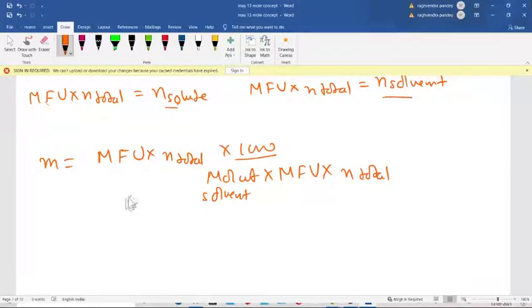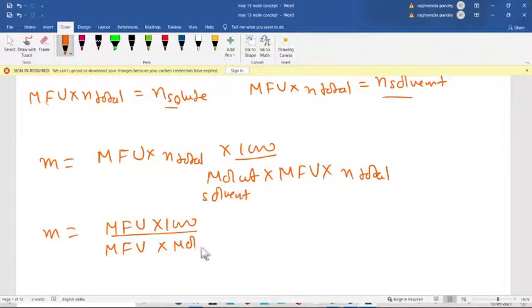So ultimately this n total will get cancelled out. So it will be mole fraction of solute into 1000 upon mole fraction of solvent MFV into molecular weight of solvent. So this is one of the formulas.